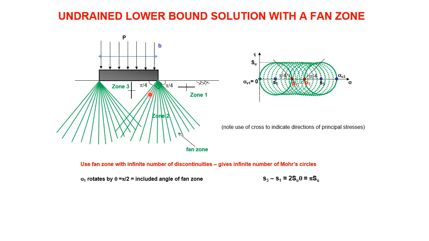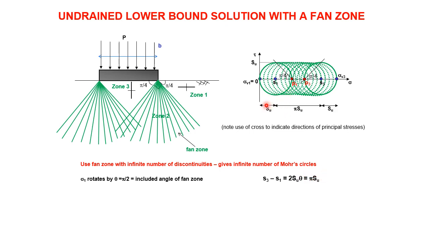That's 90 degrees, so the stresses rotate 90 degrees. The Mohr circle, as we go through the fan zone, changes by 2 su theta. Theta is that angle there, the included angle of the fan zone, pi over 2. So the center of the Mohr circle, from S3 to S1, changes by 2 su pi over 2, which is pi su.